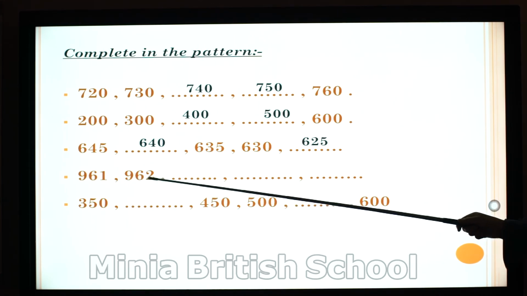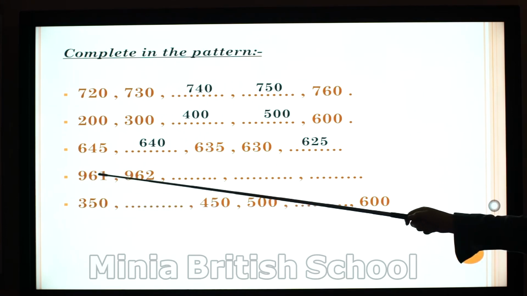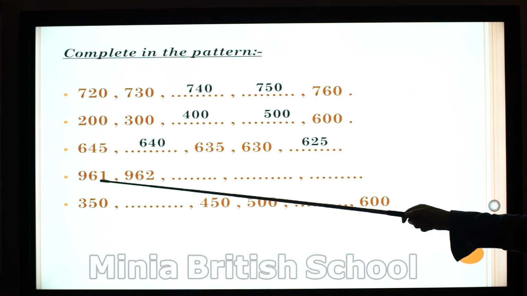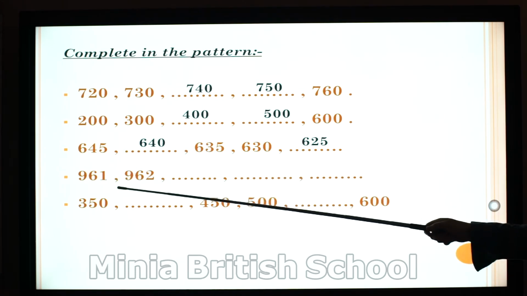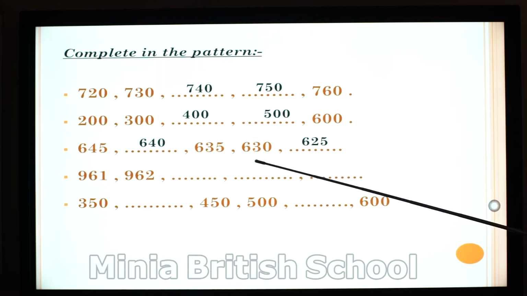961, 962, space, space, and space. Look at the hundreds place. Here 9, here 9. Okay? Tens place, 6 and 6. Look at the units place. Here 1 and here 2. Are you counting up or counting down?